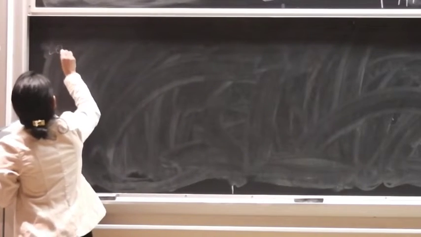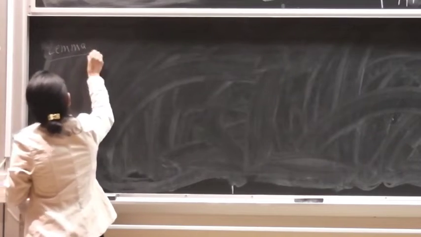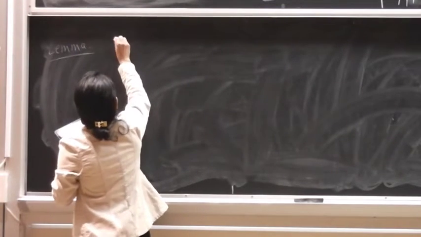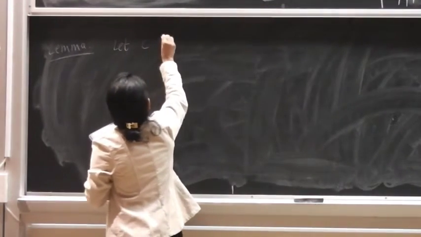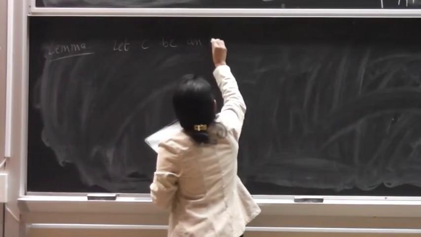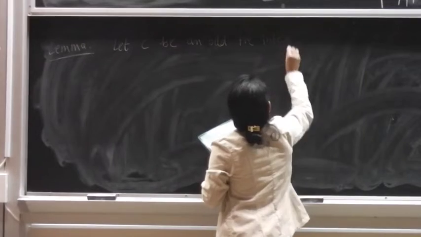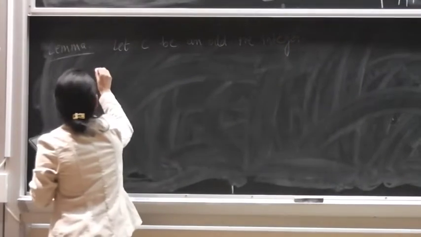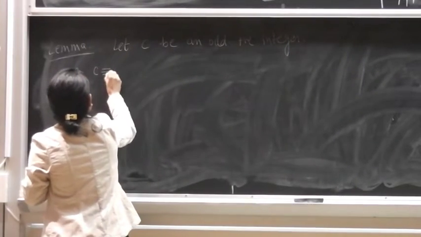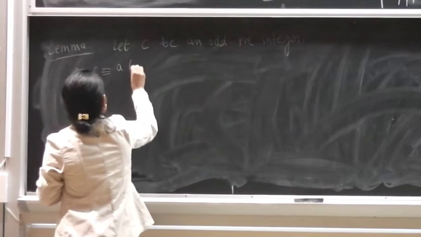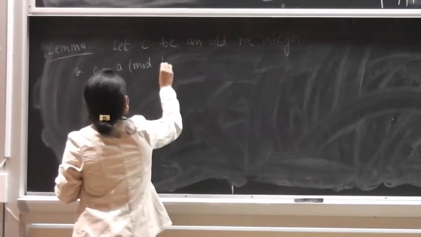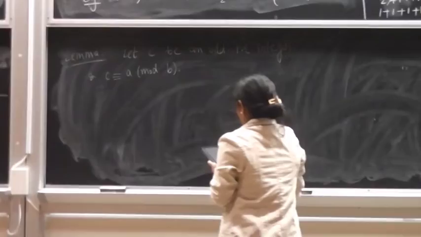So let me state the lemma. Let C be a positive odd integer. All these propositions are specifically for this set.